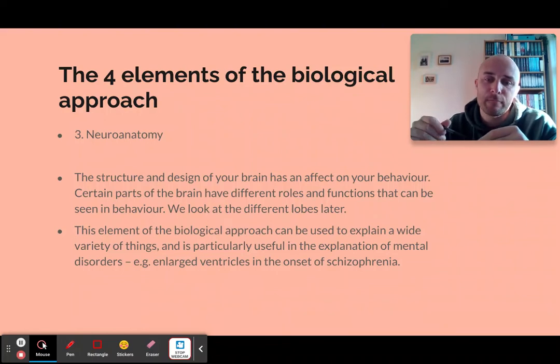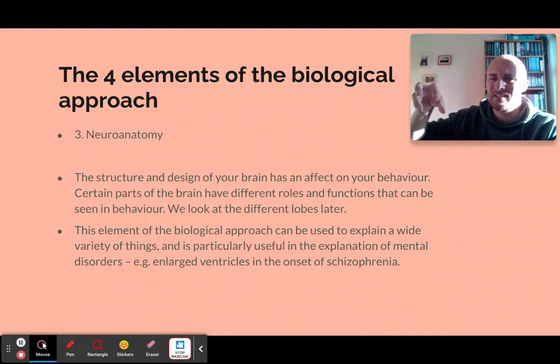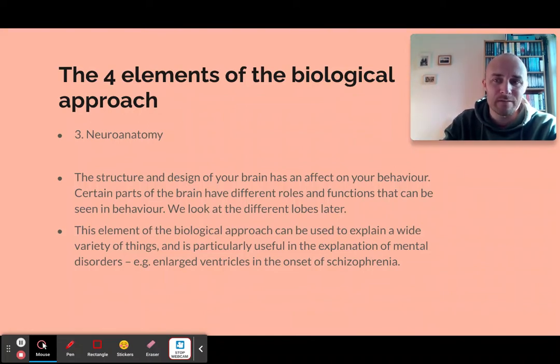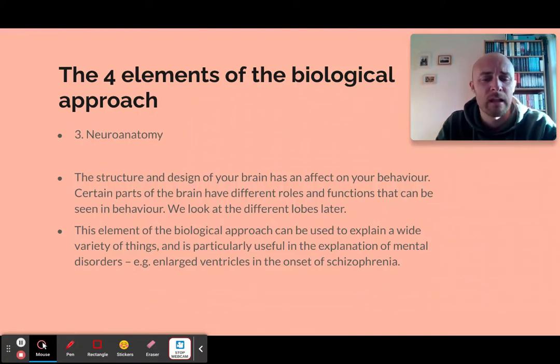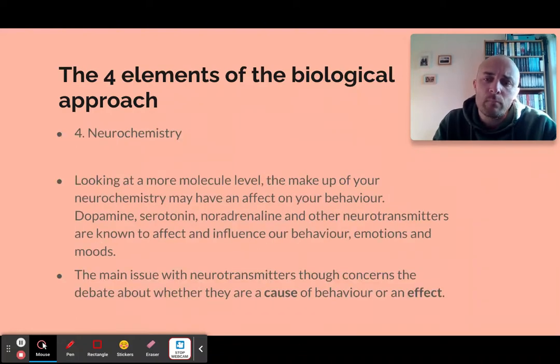In terms of schizophrenia, it's the idea that you have enlarged ventricles in your brain, and that then goes on to cause schizophrenia. They're about 15% bigger. Ventricles are basically just these empty sacs in your brain that kind of hold everything in place. But in people with schizophrenia, they tend to be about 15% bigger. Therefore, that's what causes schizophrenia. No, it's rubbish, really.